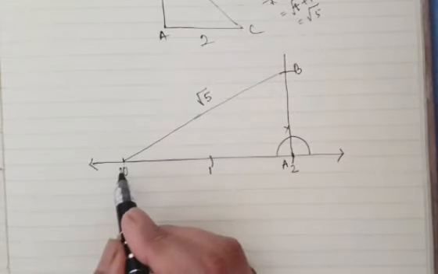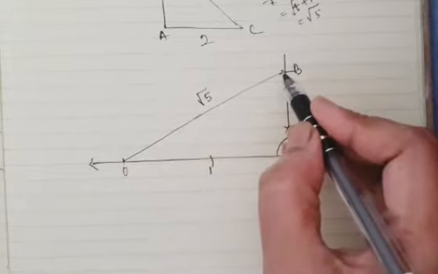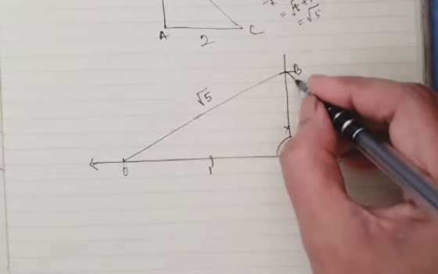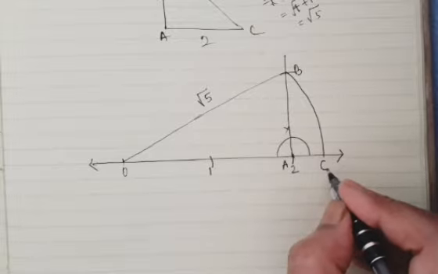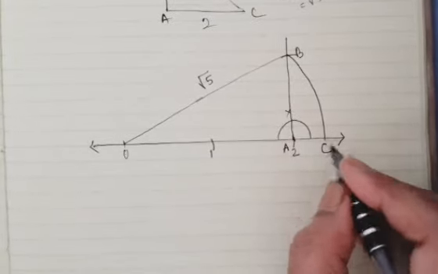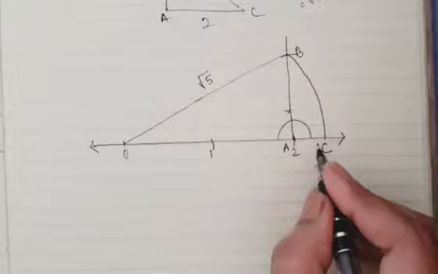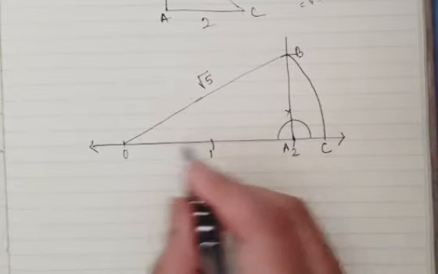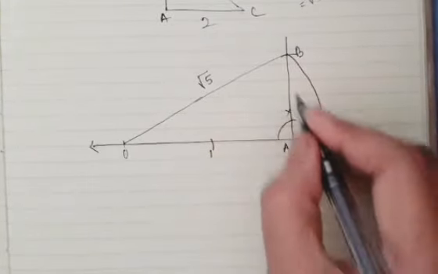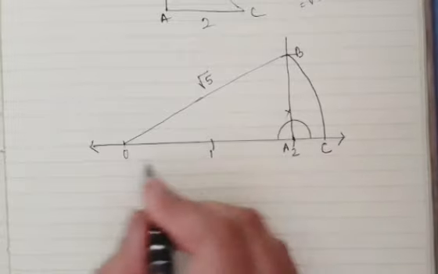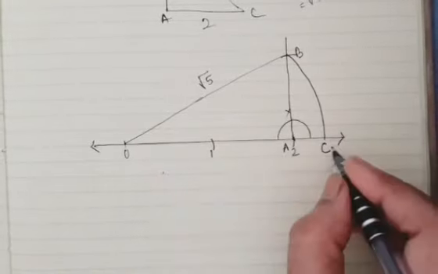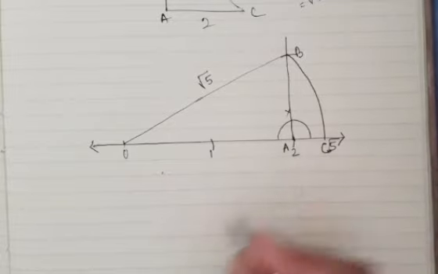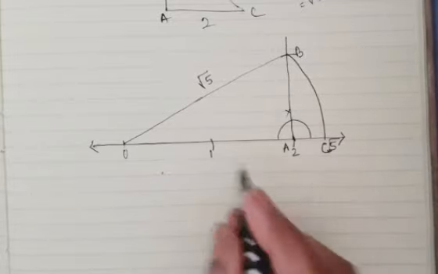Taking O as center and radius OB, again you cut an arc like this, which intersects the number line at point C. Now OB equal to OC. Why? Because they are the radii of the same arc. So OC equal to root 5, this C represents the irrational number root 5.